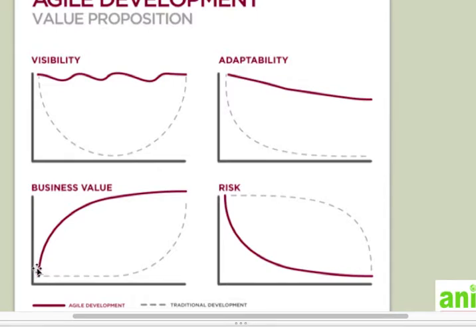Although business value is very low or minimum at the initial stage in agile, it picks up. It means that when you start deploying a sprint and users start using it, that's where the business value is realized. You may start generating revenue at an early stage. So this is how it picks up at a certain stage, and then it stays high and reaches the peak.